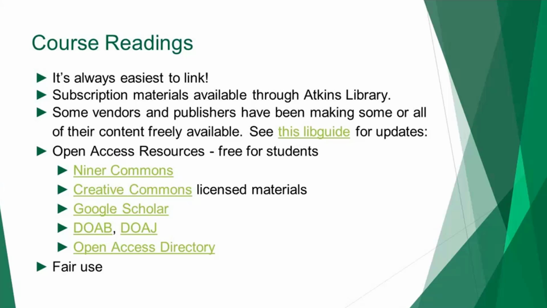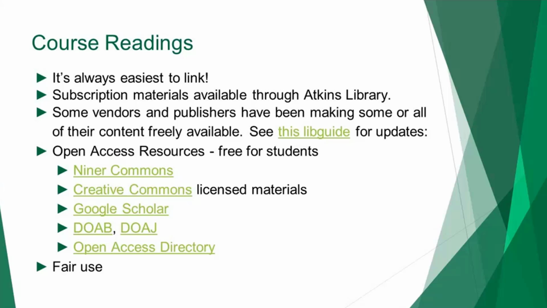Another really great thing that's available to you are open access resources. So open access, or OA, refers to peer-reviewed scholarly research and literature that's free, online, and openly licensed for sharing. So OA repositories preserve and provide access to this material.